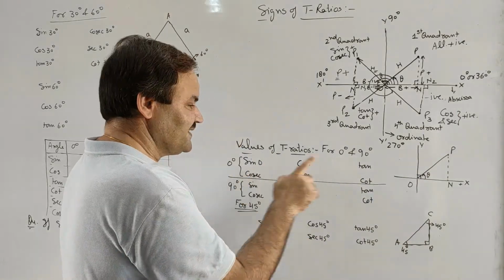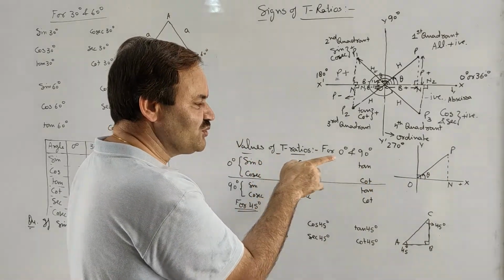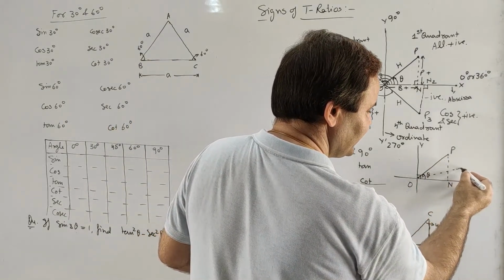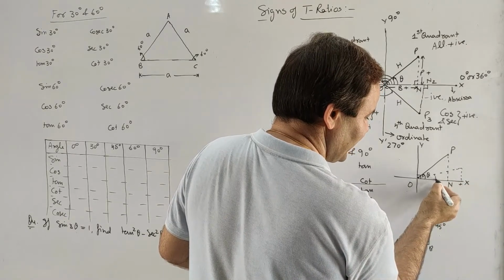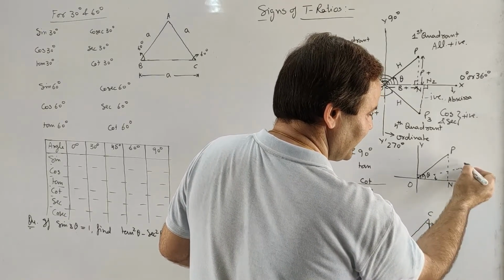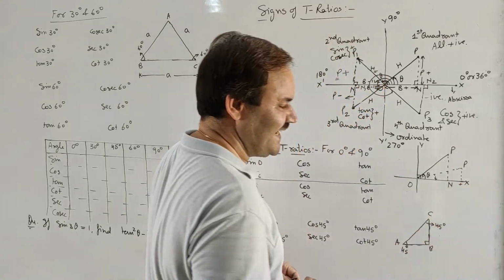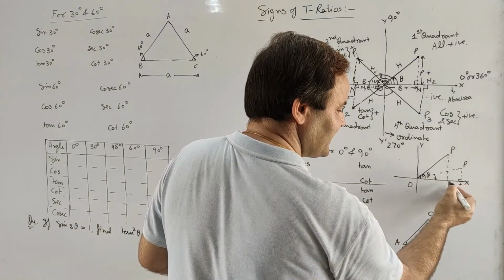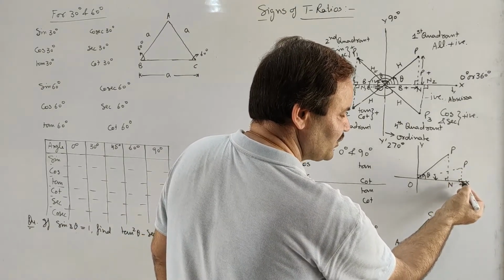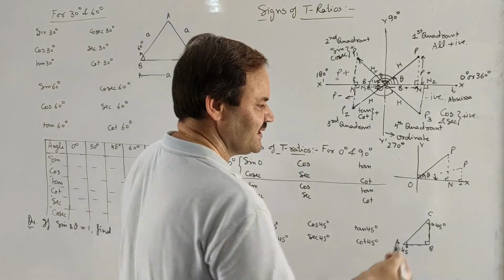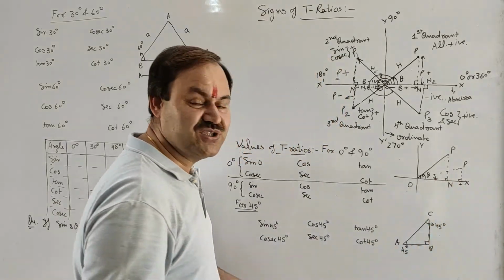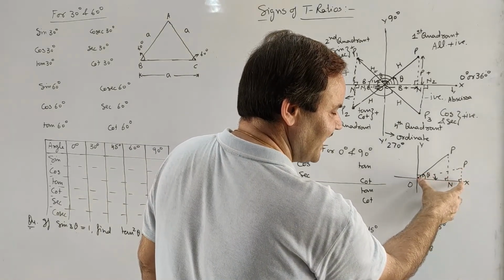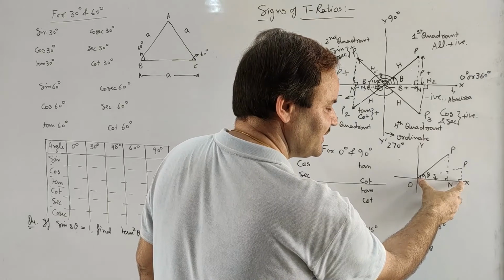If theta will approach 0 degree, then this point P will approach a position on the x-axis, and when point P will approach a position on the x-axis, then the length of hypotenuse will approach the length of base.